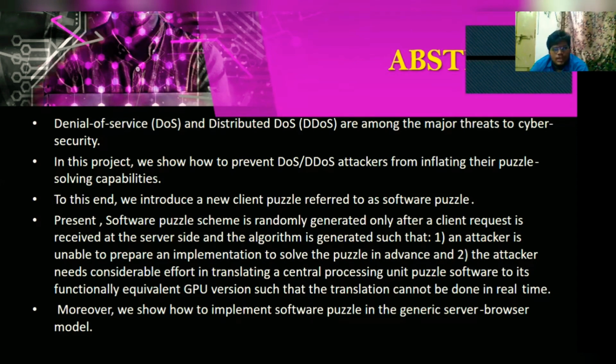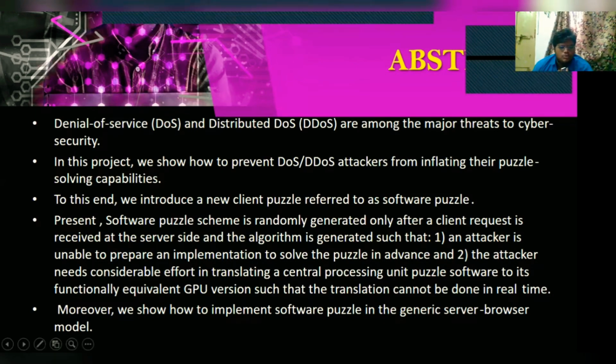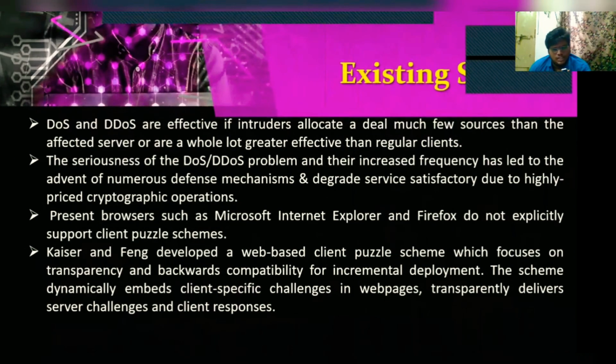The software puzzle can be solved by clients based on the GPU version available to them. Moreover, attackers mostly fail to do this because they don't have the accurate GPU version of the client. Moreover, we show how to implement the software puzzle in generic server-browser models, followed by the existing system.